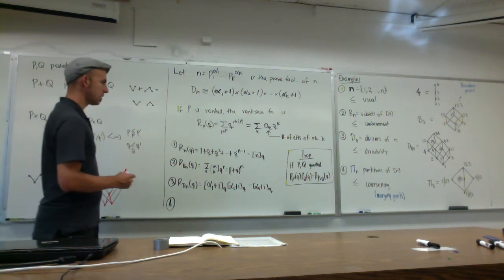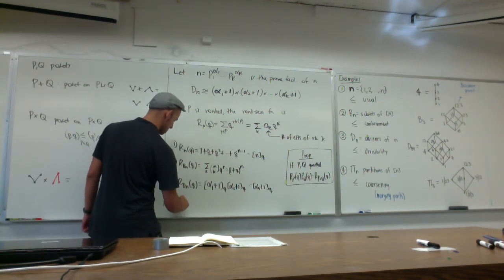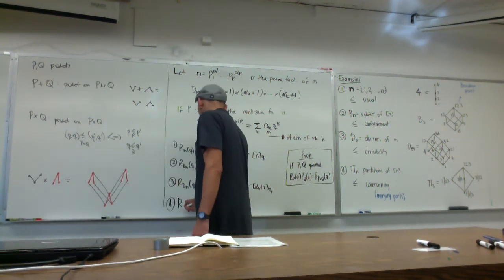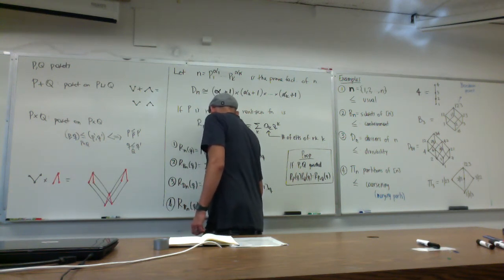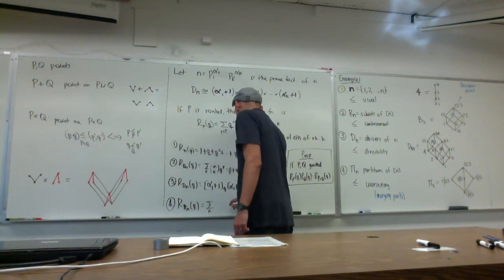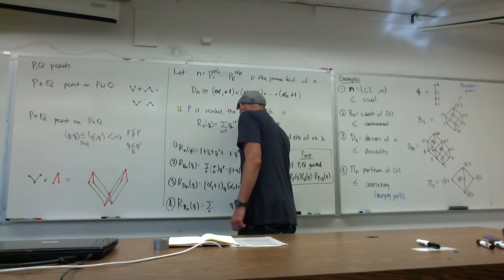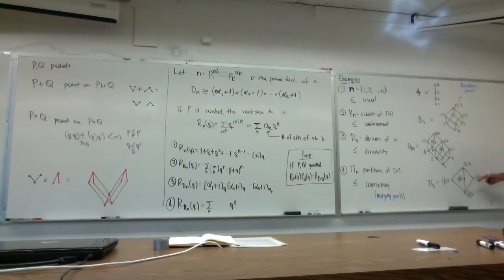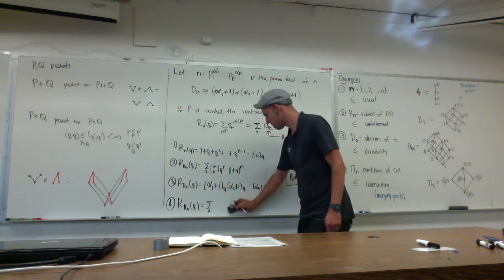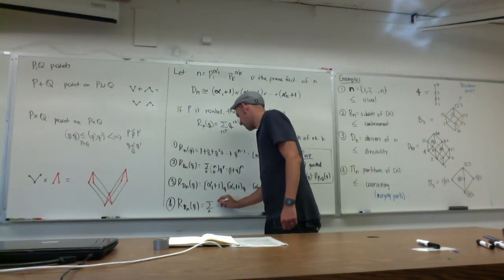Okay, and then finally, the rank generating function for the partition lattice. Well, sum over k of q to the k times the number of partitions of rank k. So how many partitions of rank k are there?